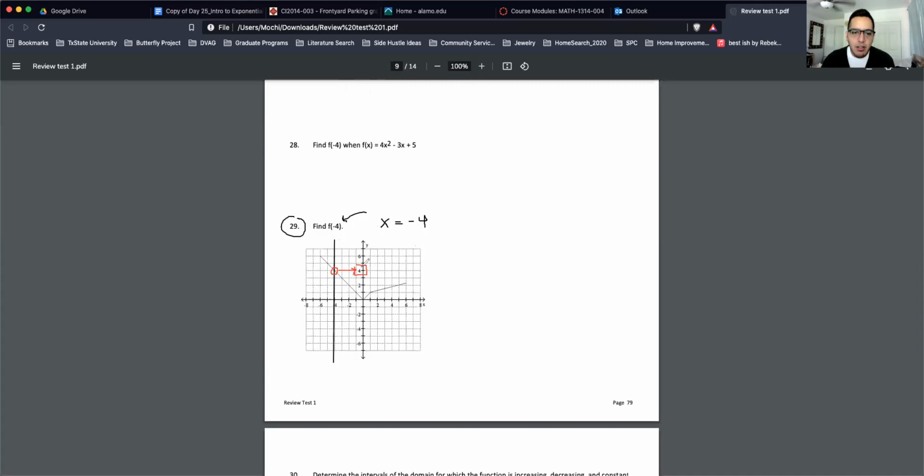The y value here that corresponds to our x value is +4. So we can just say that f evaluated at -4 is equal to +4. And that would be your answer. Does that make sense, or is that confusing?